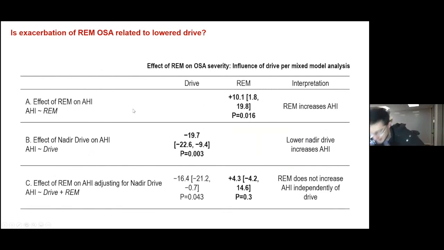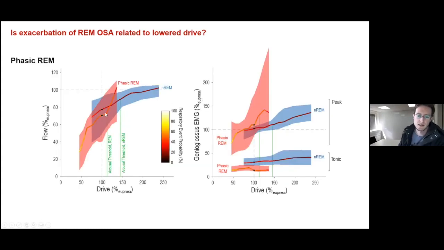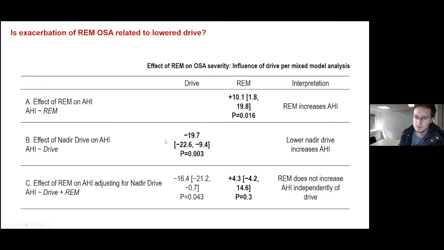So we did another analysis where we asked whether the higher AHI we see in REM could be explained by the fact that drive dips to lower levels. So here we have a simple model where we take all of that data we have, our 10 deciles of drive and flow and the event likelihood.